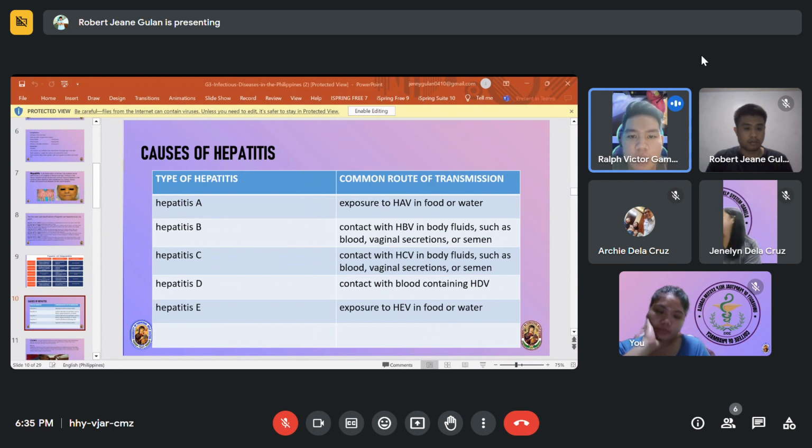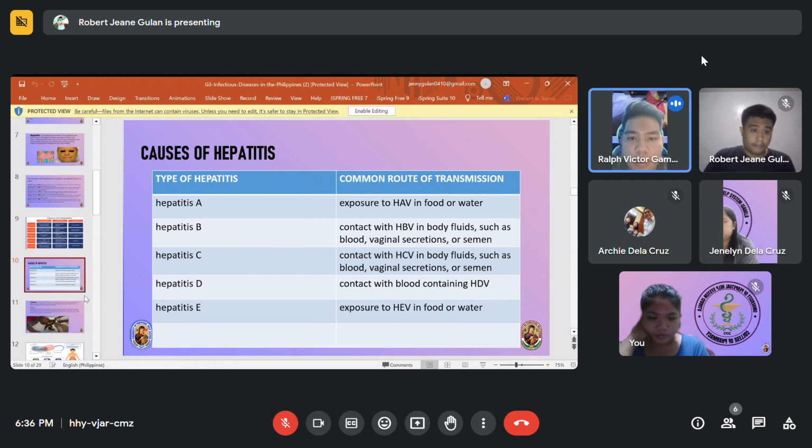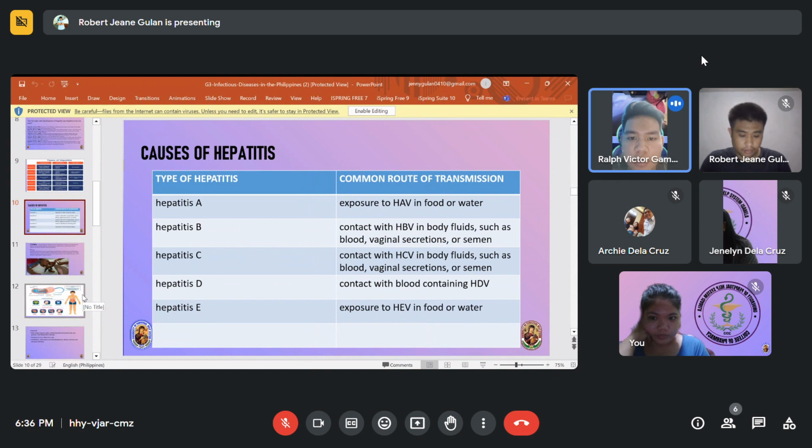Hepatitis C. The common route of transmission is contact with hepatitis C virus in body fluids, such as blood, vaginal secretions, and semen. Hepatitis D. The route of transmission is contact with blood containing hepatitis B virus. The last one is hepatitis E. The route of transmission is exposure to hepatitis E virus in food or water.